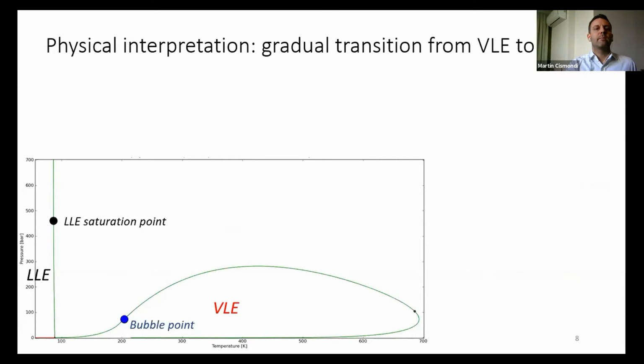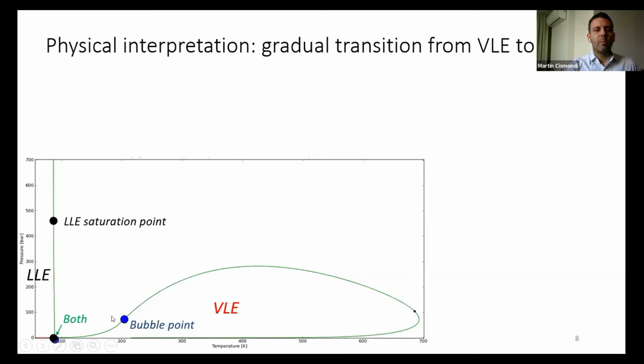And to go deeper and to analyze now the transition and to show you that gradual transition from another point of view, let's consider this diagram for a mixture where we have, in principle, the closed envelope, but in addition, we have at lower temperatures this liquid-liquid saturation line. So we have LLE below that temperature.